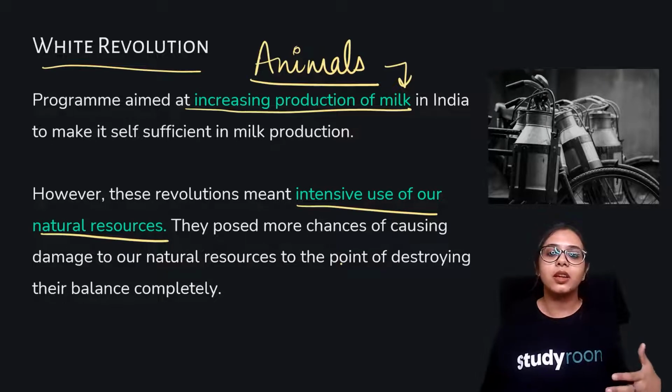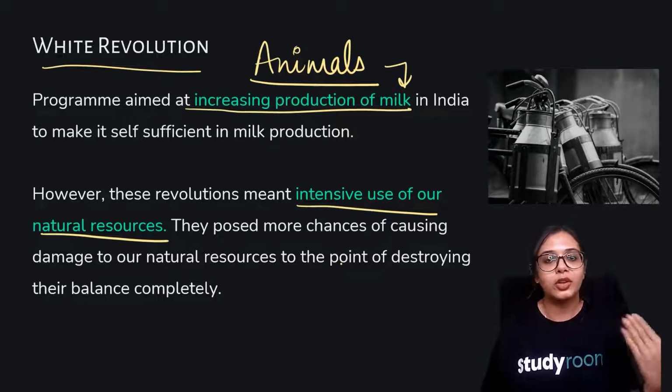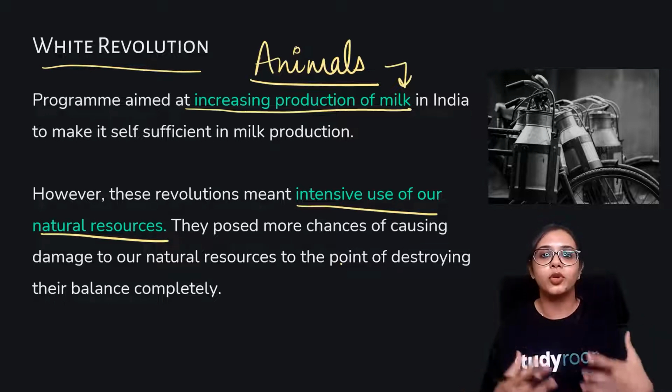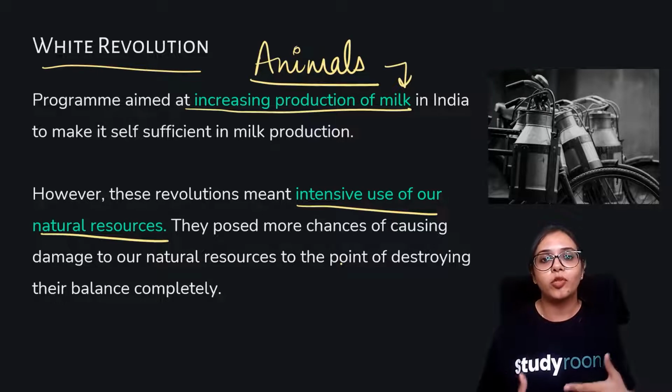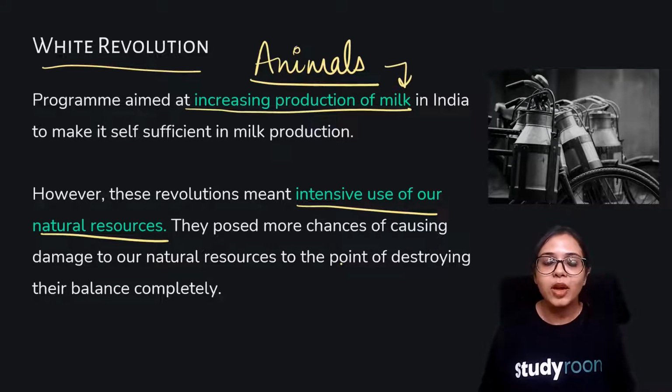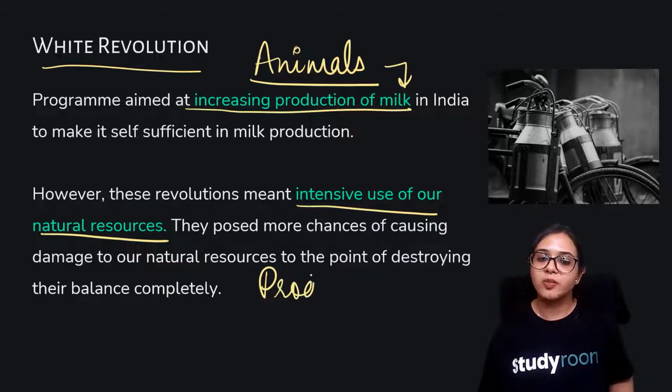But because they are aiming at an increase in the production of food resources, naturally they are going to require more nutrients, more care, and ultimately more natural resources. But since we have to preserve the natural resources, we have to look at alternate sources so that food production can also be increased.